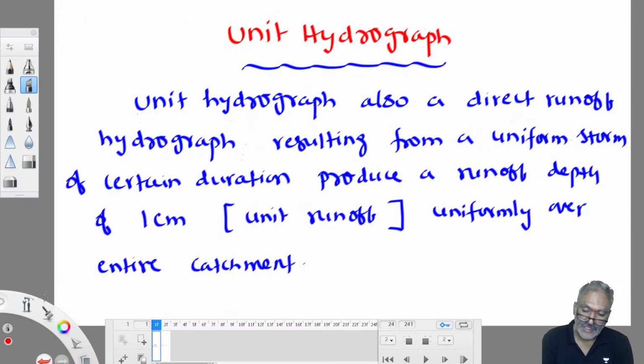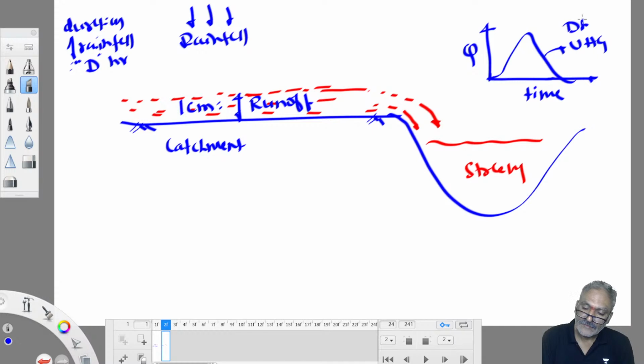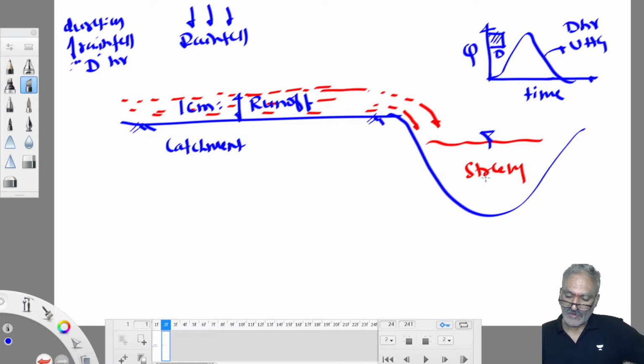In shortcut we write it as UH. Unit hydrograph resulting from a D hour storm. Storm to storm, it may vary, so storm information will be given. A D hour rain has occurred and produced that hydrograph. We plot how discharge varies with respect to time. 1 centimeter runoff is delivered from a catchment, so that gives the unit hydrograph.